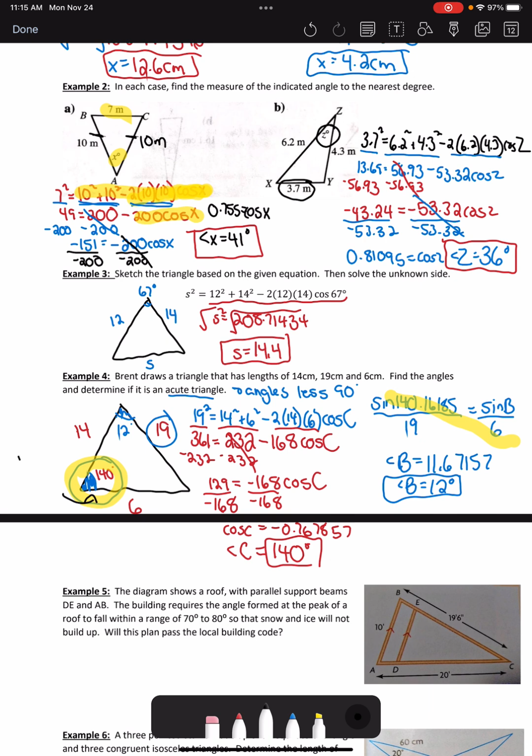So no, it's not acute, because that 140 is bigger than 90 degrees. Great. Okay.